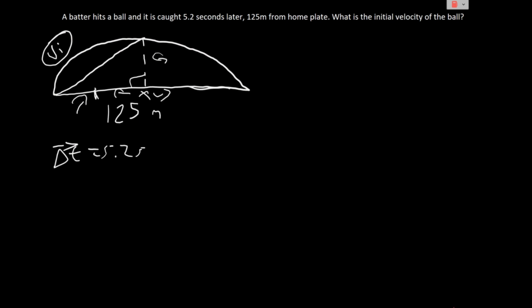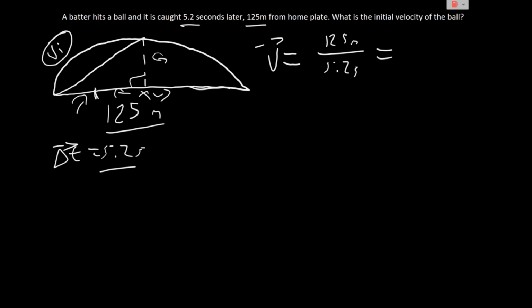Remember, velocity simply equals distance over time, in which we have both of these values. So 125 meters divided by 5.2 seconds gives us a velocity of about 24 meters per second. This gives us one of the side lengths.